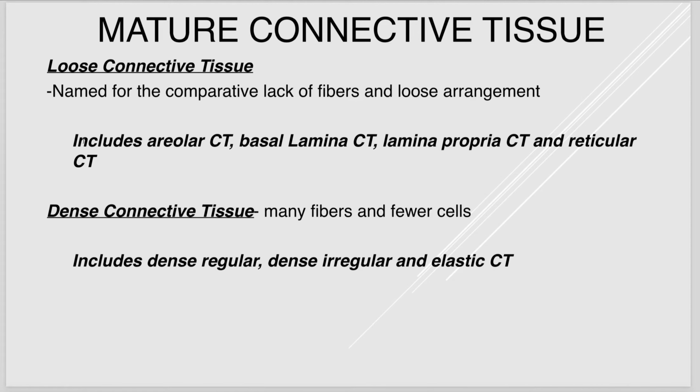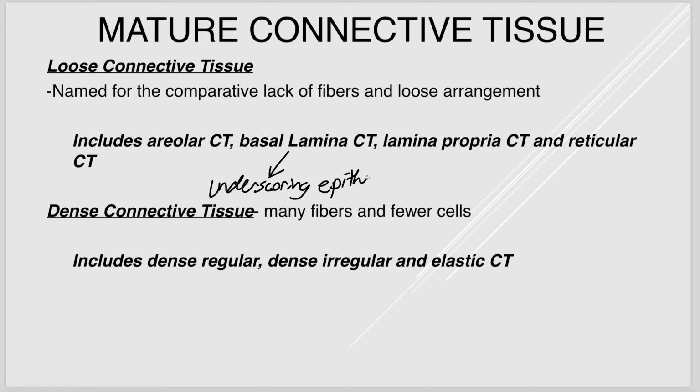So loose connective tissue, quite a few cells, but not many fibers, so it looks loose when you look at it under the microscope. We have areolar types, which is just all over the place. We have basal lamina. Basal lamina is found underscoring epithelium.